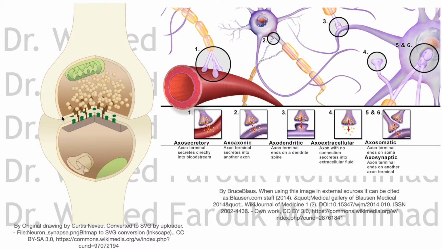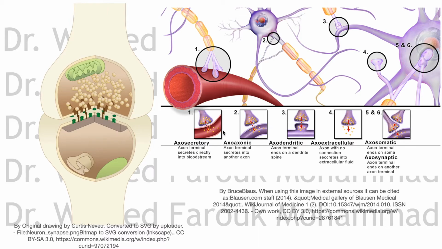This is called the presynaptic membrane, and the synaptic cleft between the two neurons, and the postsynaptic membrane with receptors to receive the neurotransmitters released from the presynaptic terminal and respond as instructed by the release of this neurotransmitter.